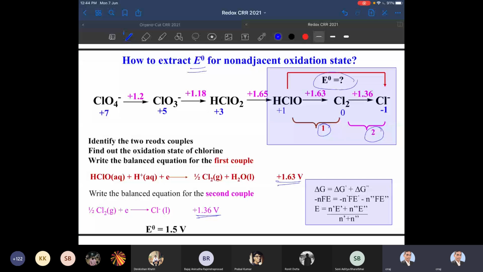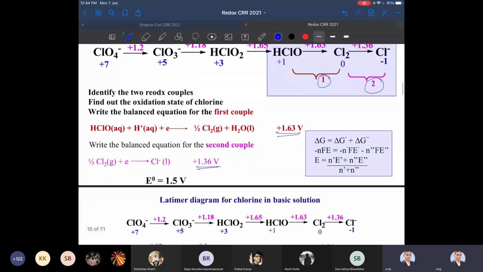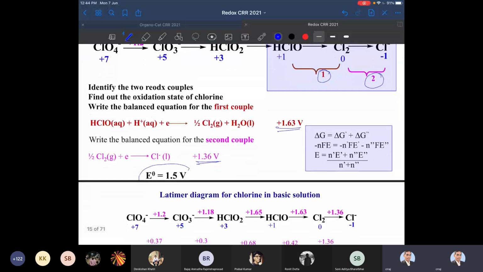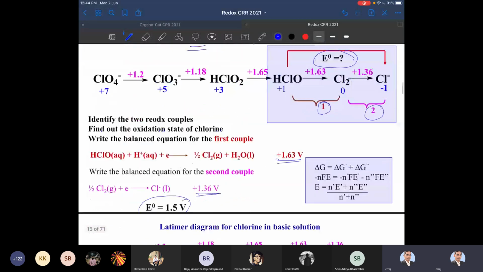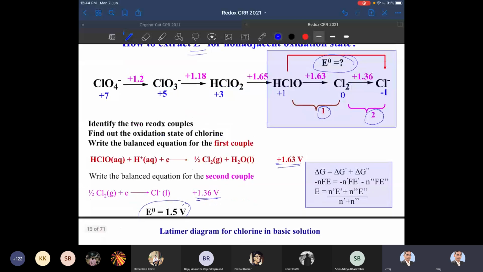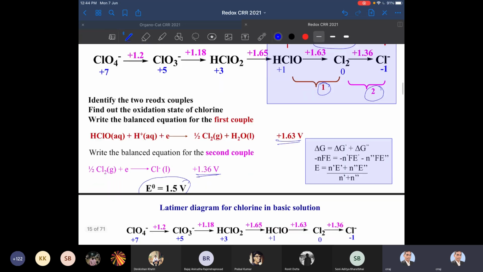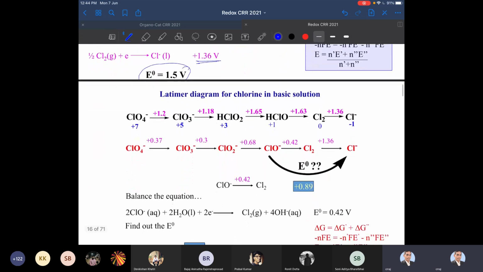The E0 that I put a question mark on is basically 1.5 volts. Nothing much to explain here. You need to know the relationship E equals n'E' plus n''E'' divided by n' plus n''. That's straightforward. You can calculate the reduction potential of the non-adjacent species.